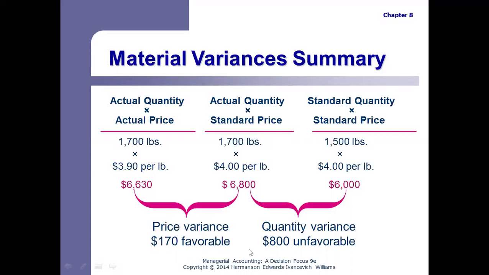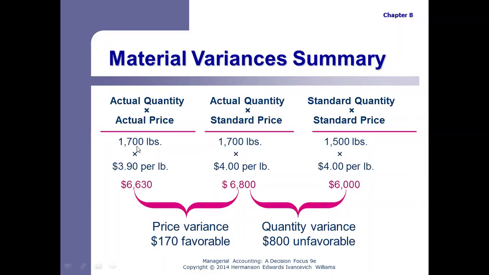Therefore, that's an unfavorable difference of $630. So that's the total materials variance. By the way, if you add the price variance and the quantity variance together, you'll get the same total variance. Notice the 800 unfavorable, minus 170 favorable, gives you the same negative 630.